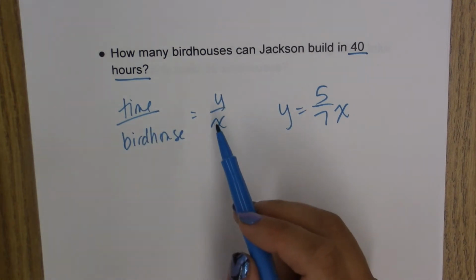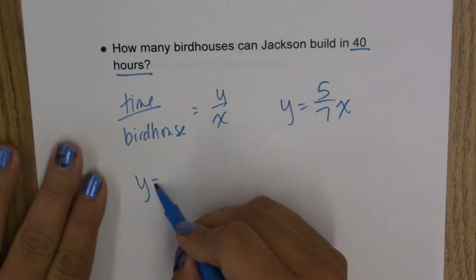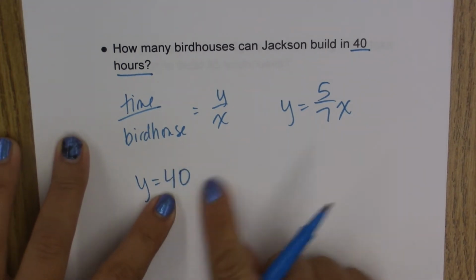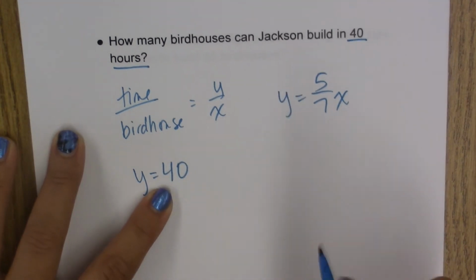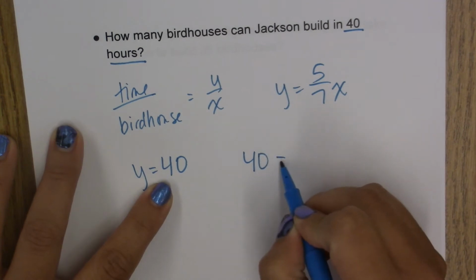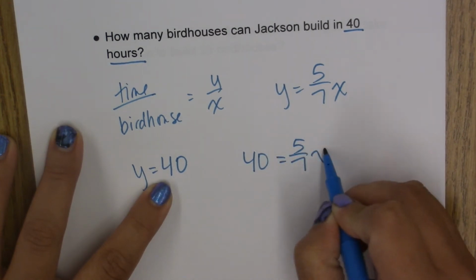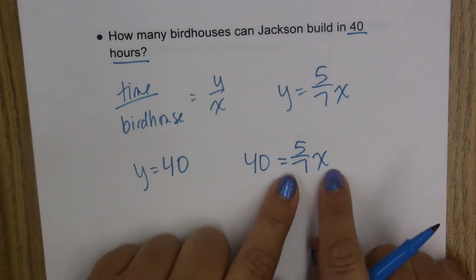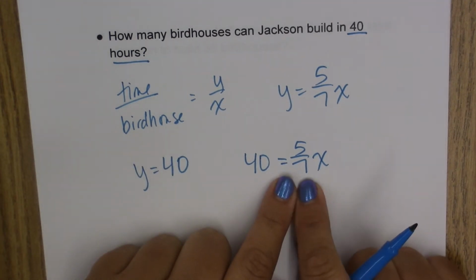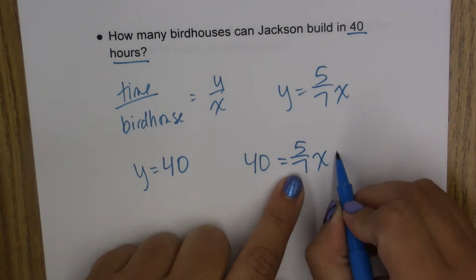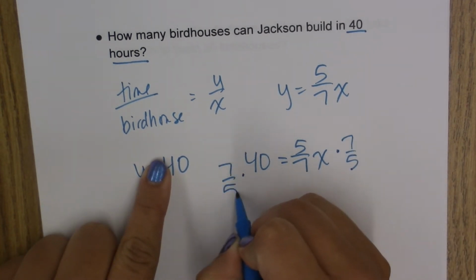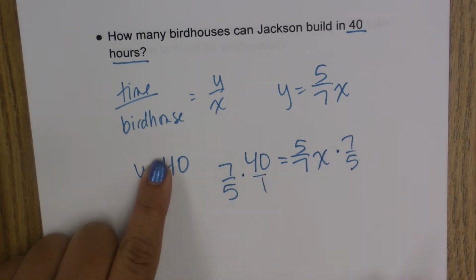So in this case, my y is equal to 40. So I'm going to substitute this 40 in for this y here. So we have 40 equals 5/7 times x. All right, so we don't know what to multiply by, so we're going to multiply by the reciprocal. So we're going to take this times 7/5 and do the same thing on the other side. Make that look like a fraction too.